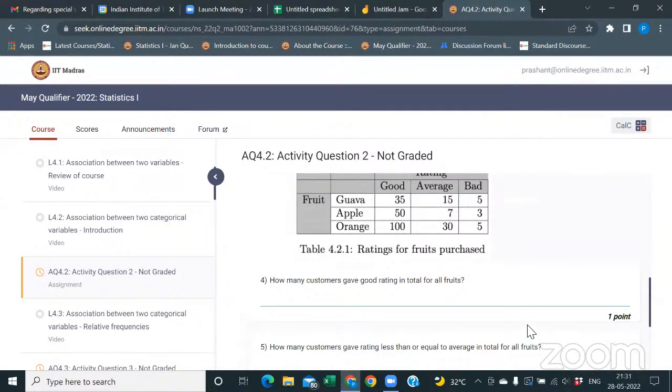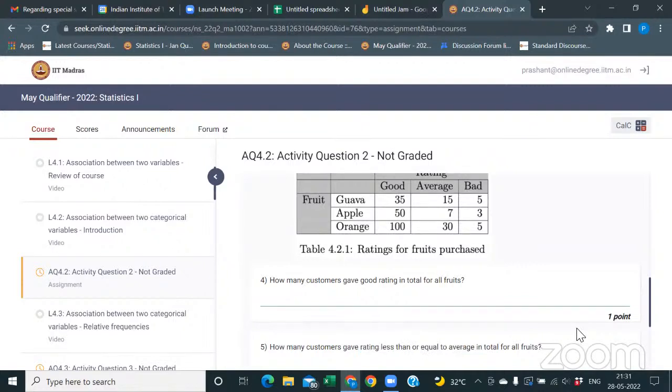How did you calculate? What was your approach? First of all, I calculated the total number of fruit by the row relative. I didn't understand the language in question 5.